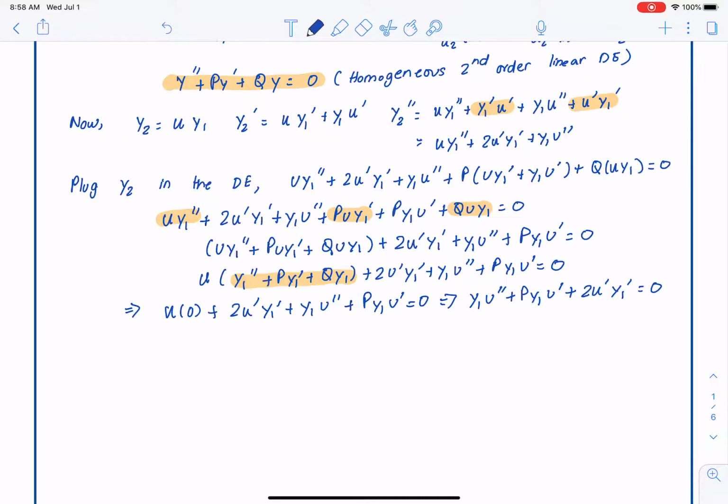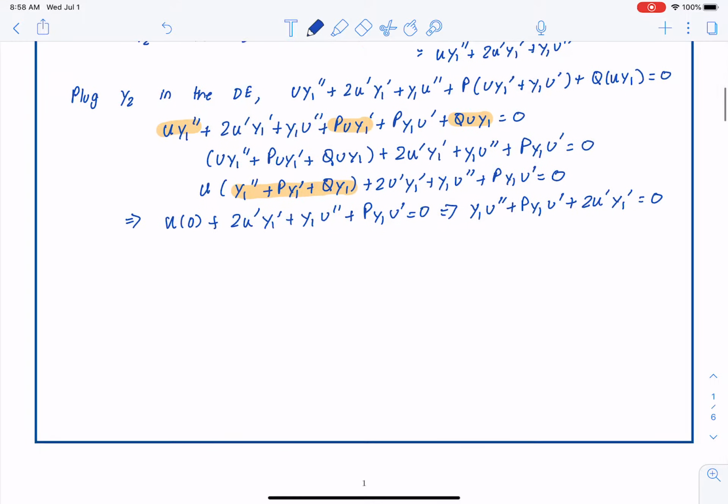And still, it looks like a second order differential equation. So if I let, say, w equals u prime, then y1 w prime would be equal to y1 u double prime, because w is u prime. And we would have y1 w prime plus p y1 w plus 2w y1 prime equals 0.